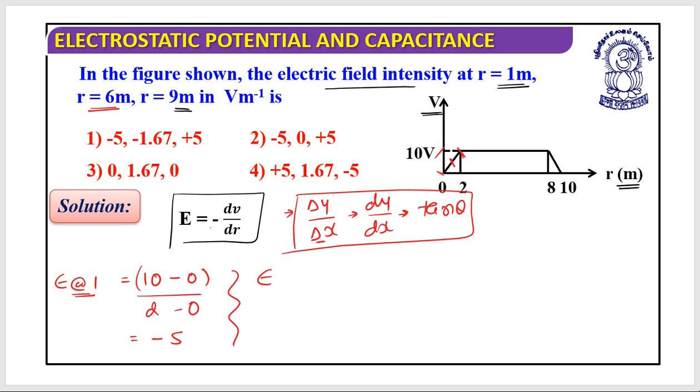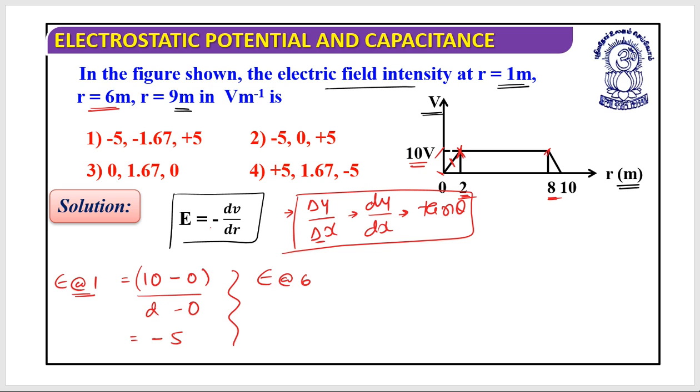That means I require the electric field at 6 meter. Now look at this. At 2 meter, voltage is 10 volt. At 8 meter, voltage is again 10 volt. Does voltage change from 2 to 8?